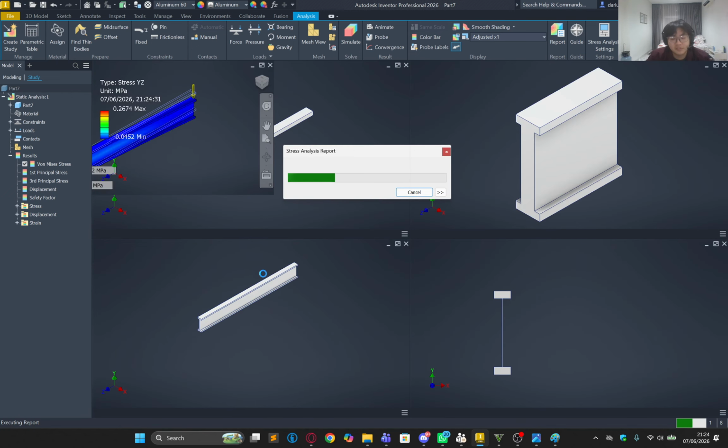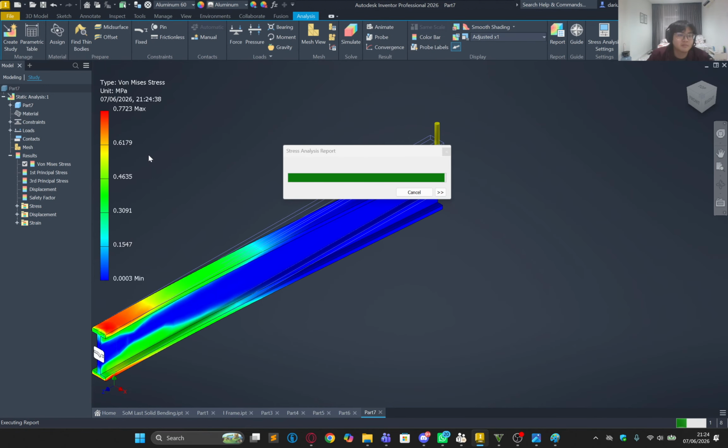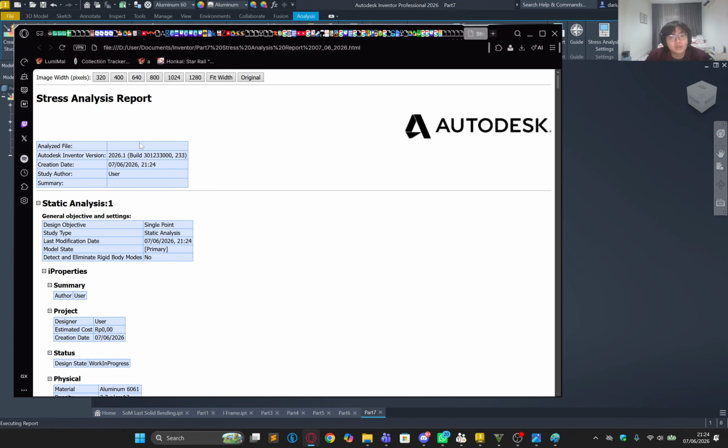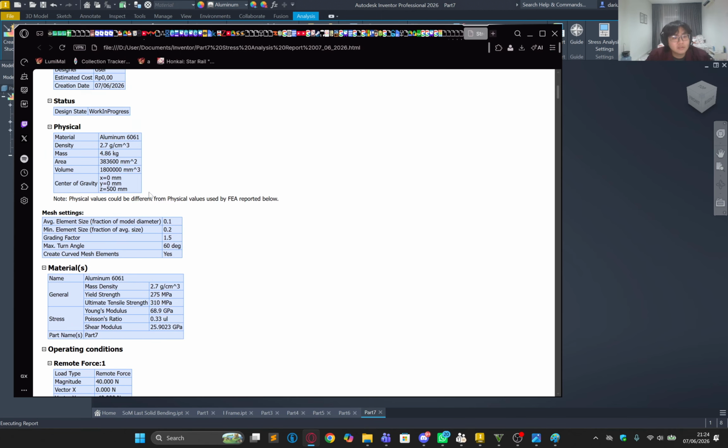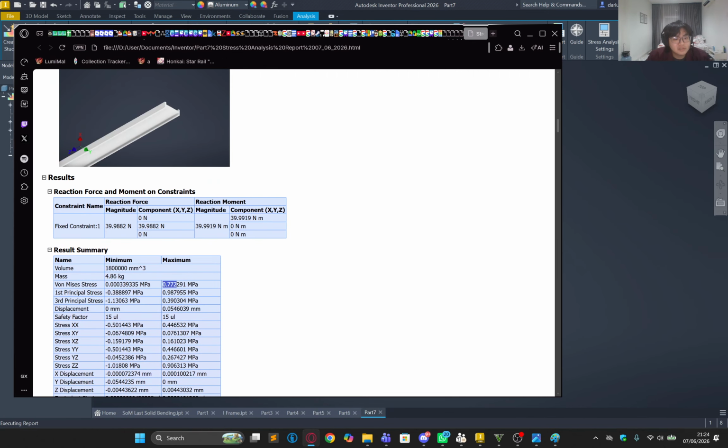That one was 0.7723 something. So just do this to double check. But it should be around the same. Around the same, not always the same. Okay, let's see here. 0.7722 something, something.